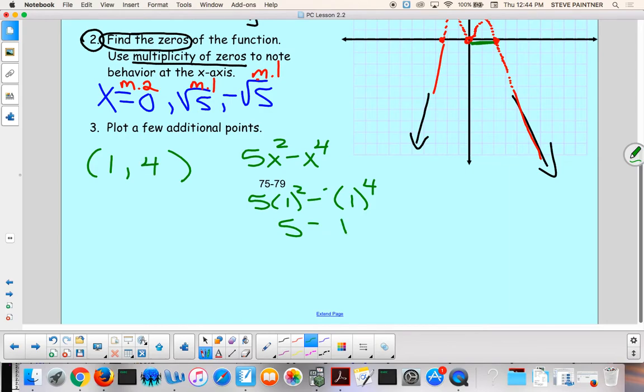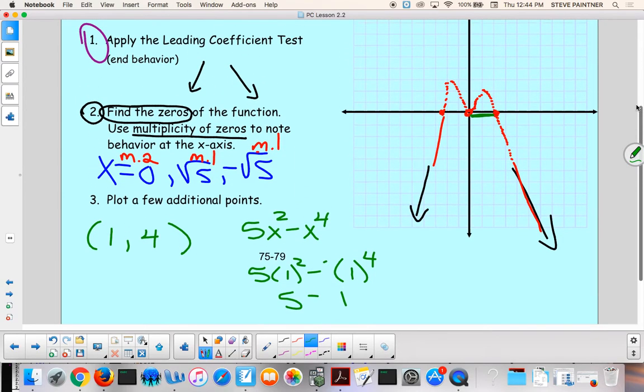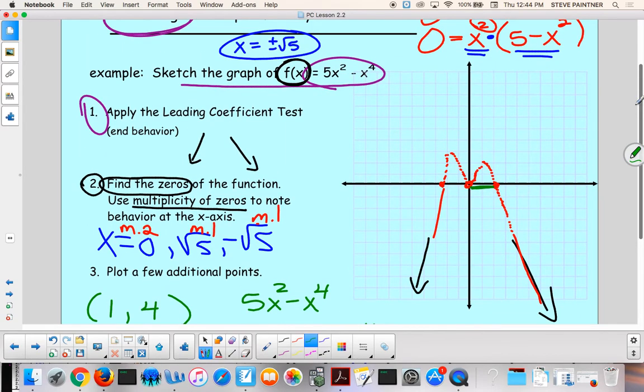Answer is 4. So what I know now is at 1 on the x-axis, I get 4 on the y-axis. So it's right here. Over 1, up 4. I'm right here, look. That's what I know now. And it's going to bounce.